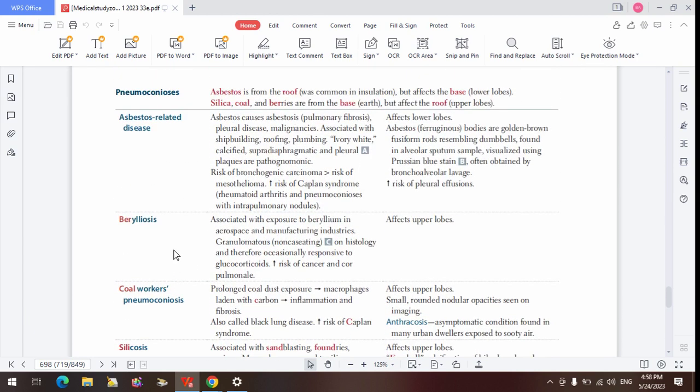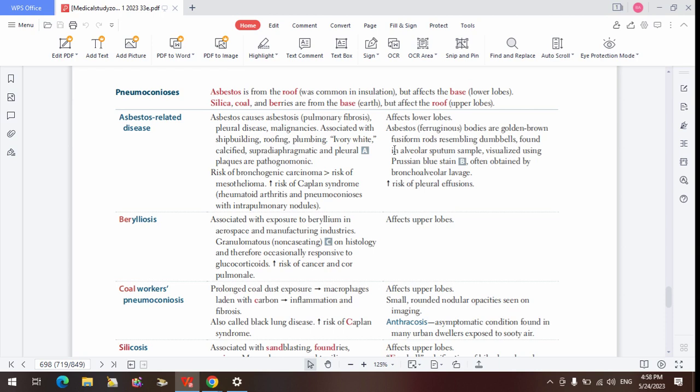So individuals who are building ships are exposed because asbestos is an insulating material, so it doesn't get burned easily. It doesn't conduct electricity, so they use it to build ships. They use it in plumbing work and roofing.